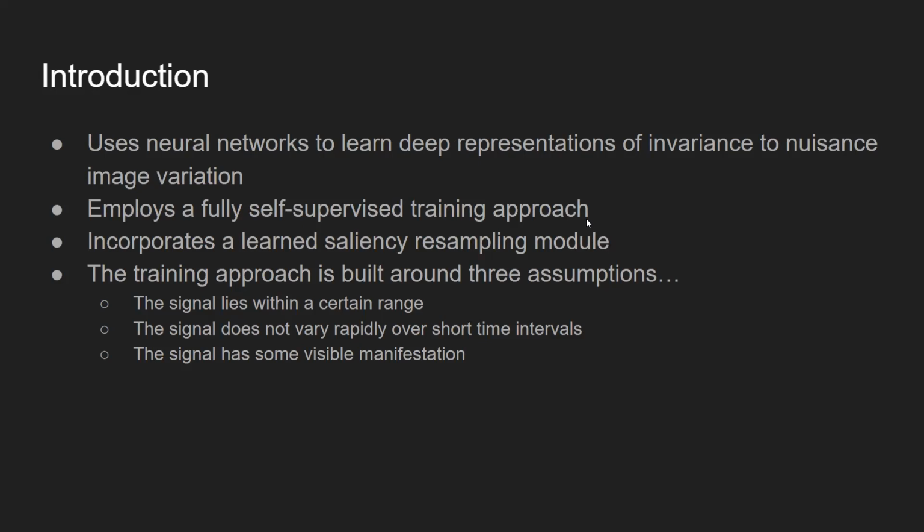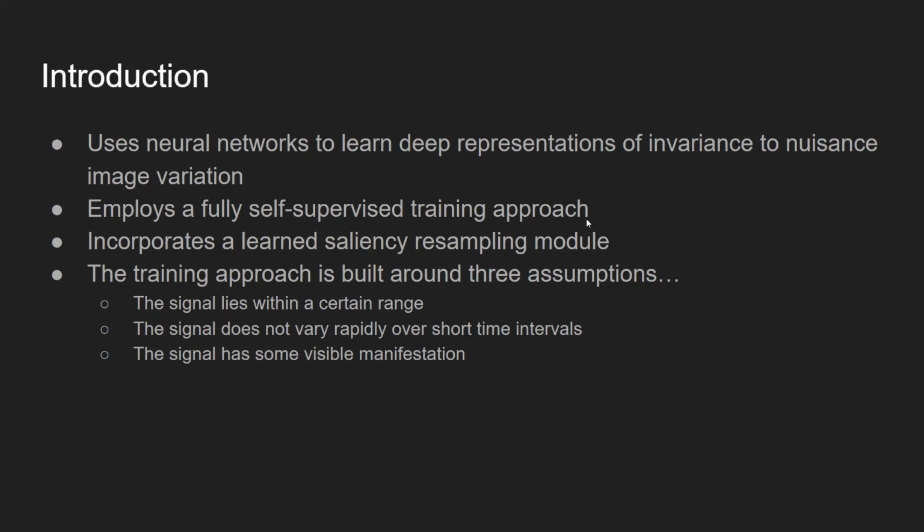This contrastive training approach is built around three assumptions about the underlying signal of interest. The first assumption is that the signal lies within a certain range. This range is set to 40 to 250 beats per minute, which captures the vast majority of human heart rates. The next assumption is that the signal does not vary rapidly over short time intervals.